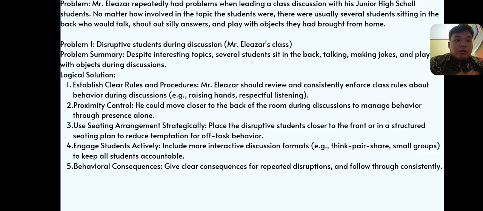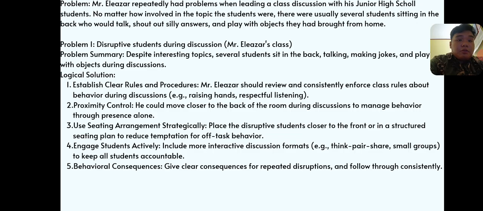Mr. Eleazar should review and constantly enforce class rules about behavior during discussion. Second is proximity control. He could move closer to the back of the room while discussing to manage behavior through presence alone. Third is to use seating arrangements strategically.